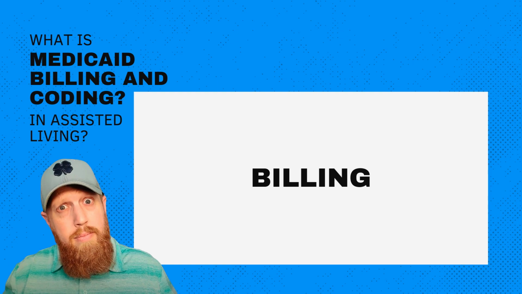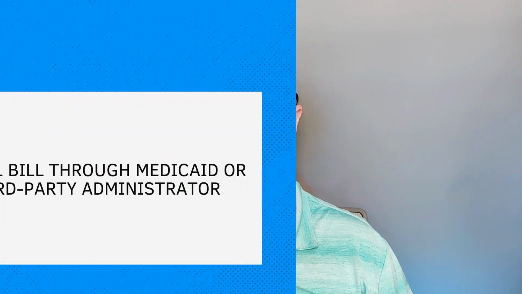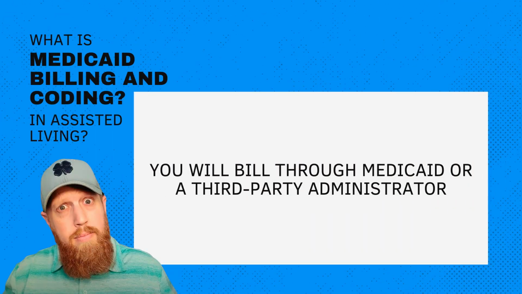Now, let's get into billing. Billing is taking the code that is approved and you submit that to Medicaid. This could be a third-party administrator that does Medicaid, or it could be Medicaid themselves. Each state handles Medicaid differently. In Colorado, for example, it's run by the state, but Gainwell administers it, and it's done at the state level.